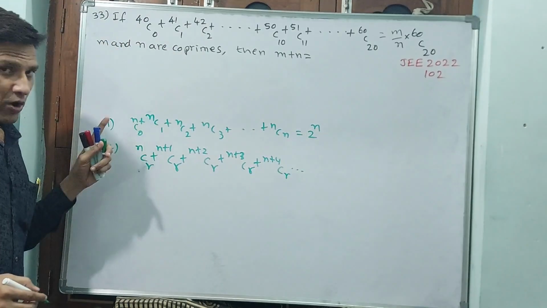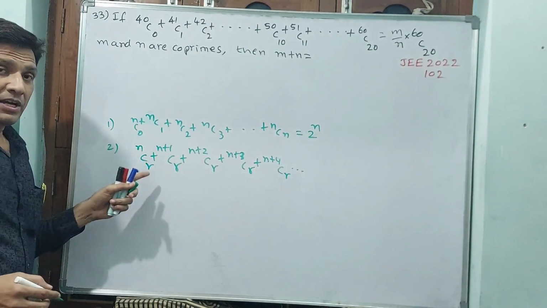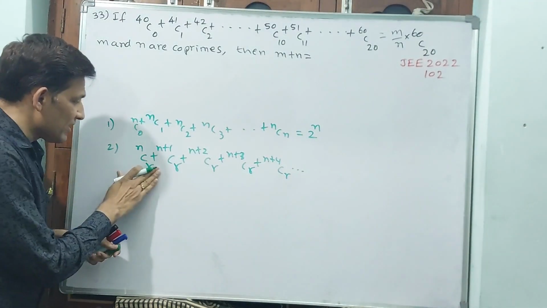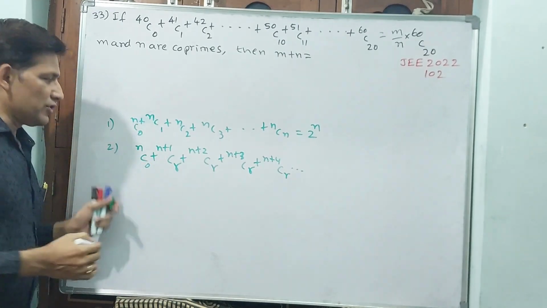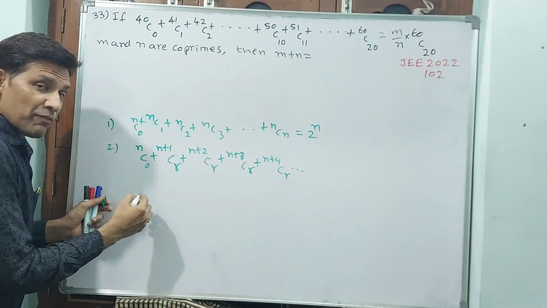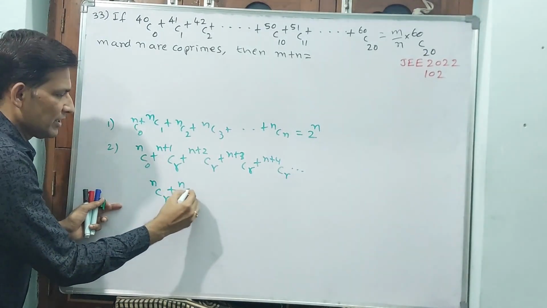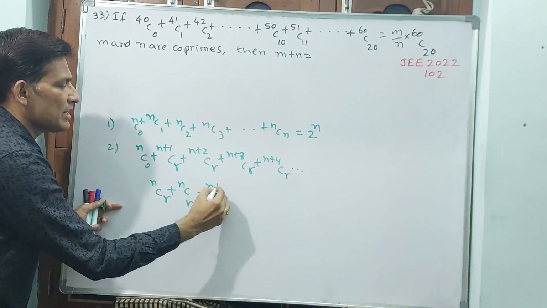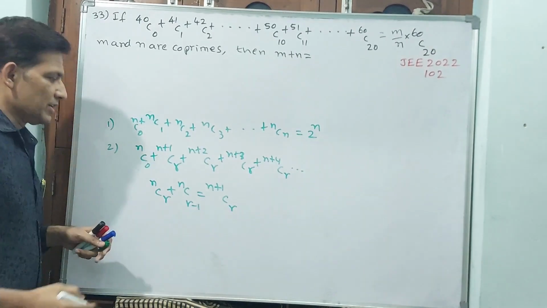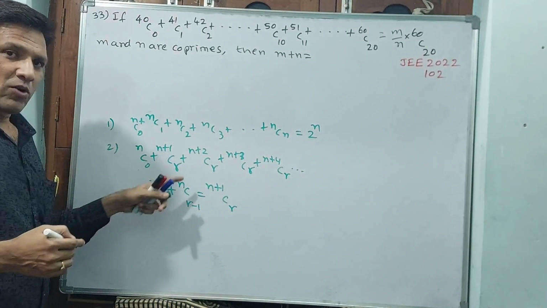Like that question also we have done. But please remember, here the first term will be 0. Then only this is possible. With what formula are we doing this? With this formula: NCR plus NCR minus 1 is equal to n plus 1 CR. This formula we will apply here.